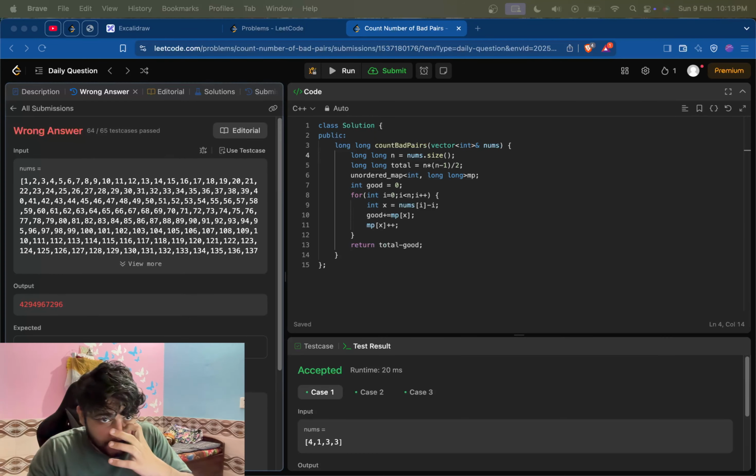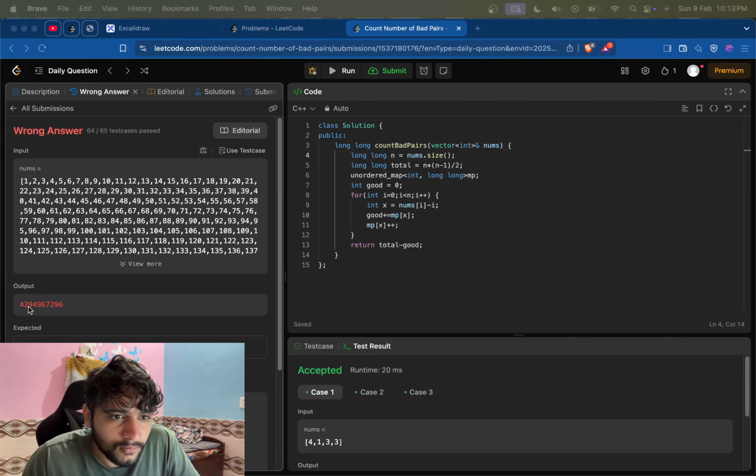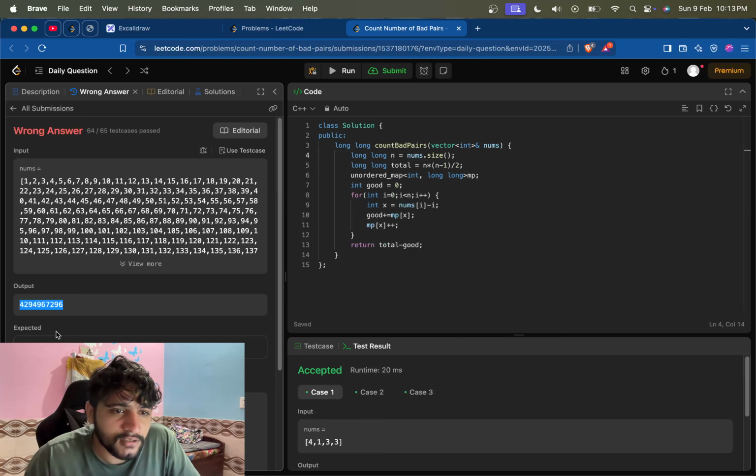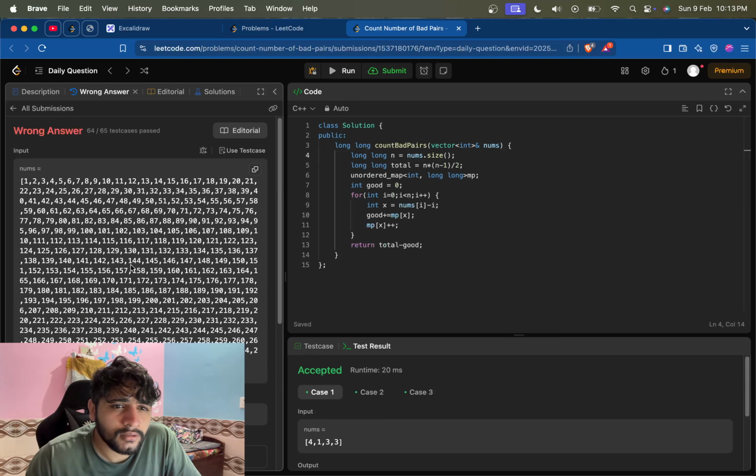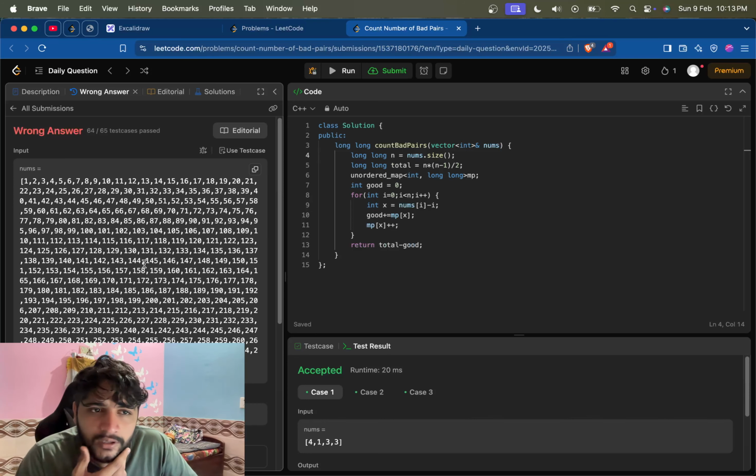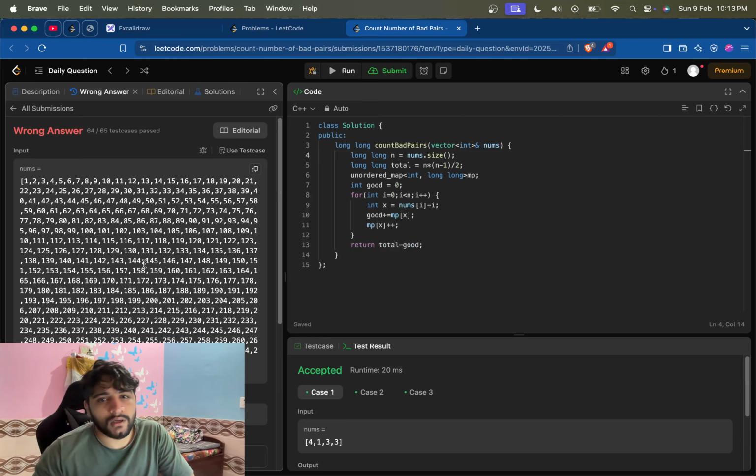Now the output comes out to be this, and we have expected a zero output. And why is it? Okay, it's a long input where 1, 2, 3, 4, 5, 6. And it reaches out of the bounds.